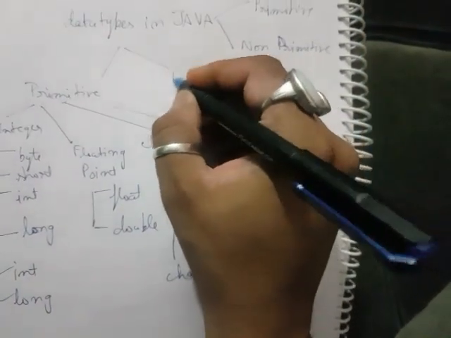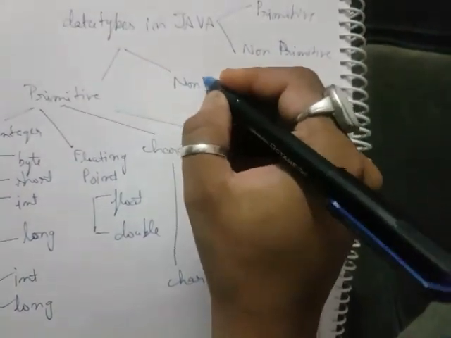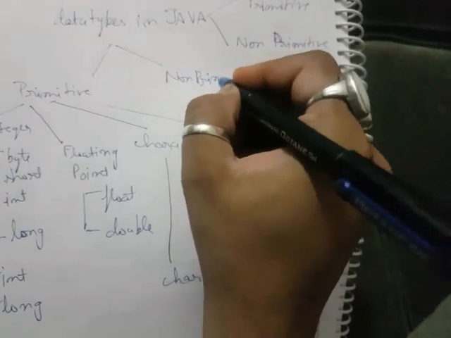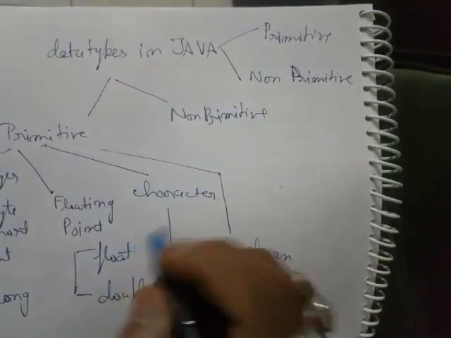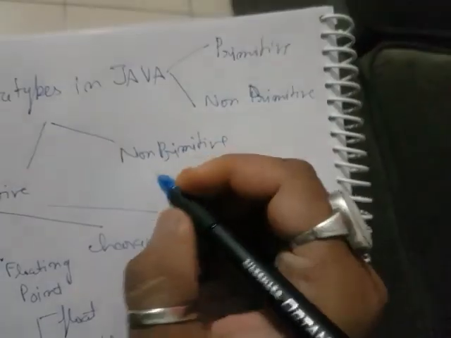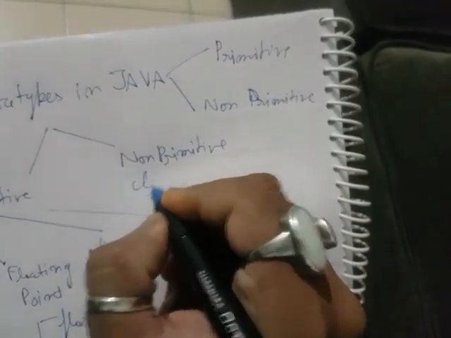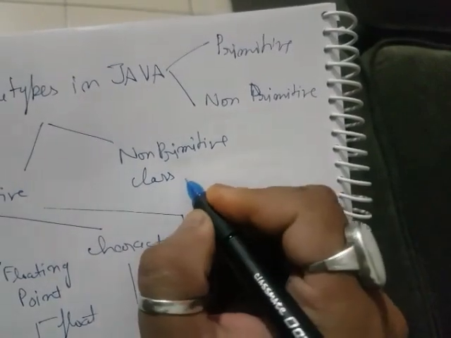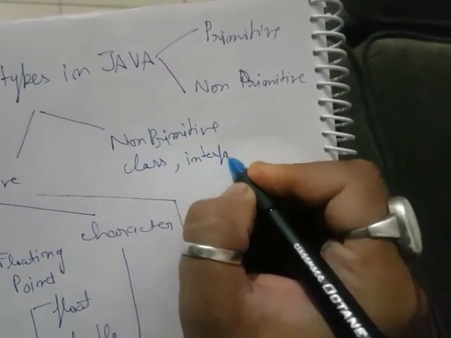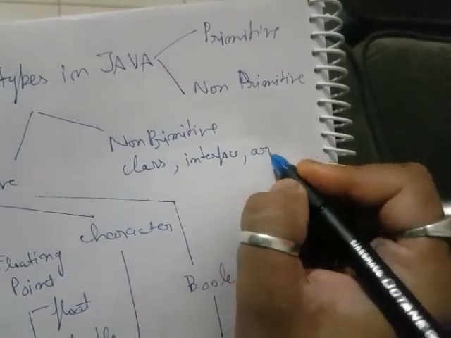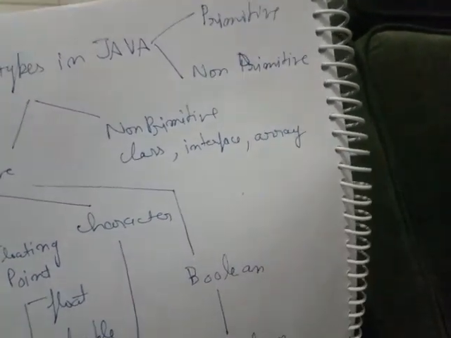Now we talk about the non-primitive. In the non-primitive, we have class, you are aware of that, interface, and array. Alright.